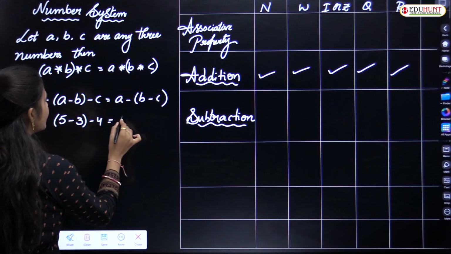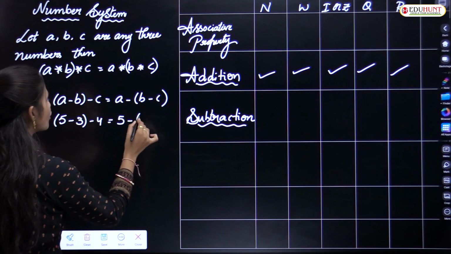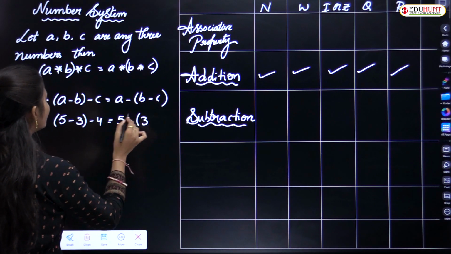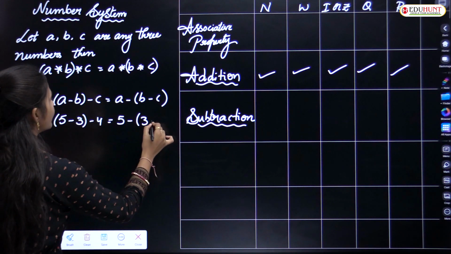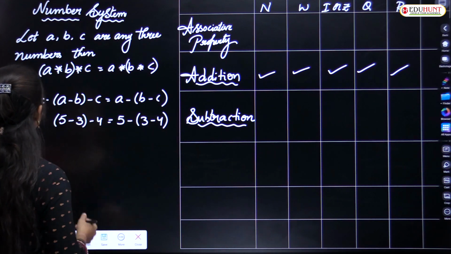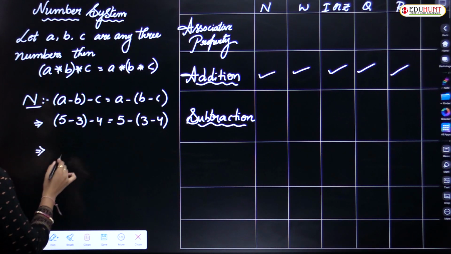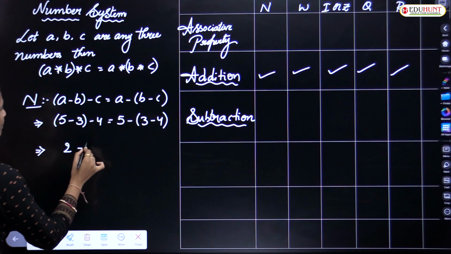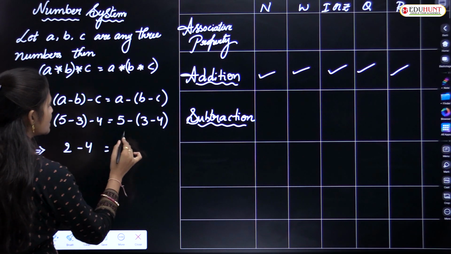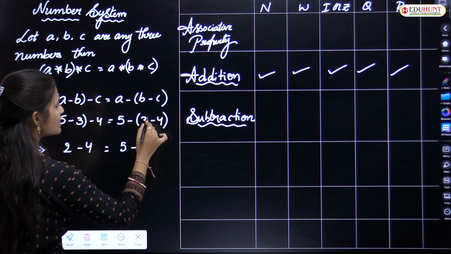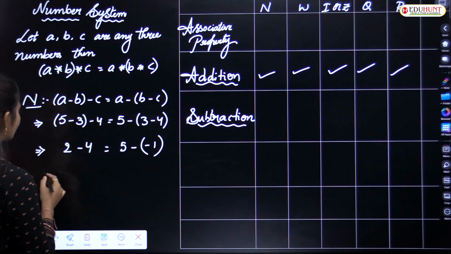So here a is equal to 5 minus b is equal to 3, and here minus c is equal to 4. Okay, so in this case, 5 minus 3 is equal to 2, minus 4, and here 5 minus of 3 minus 4, which is equal to minus 1.